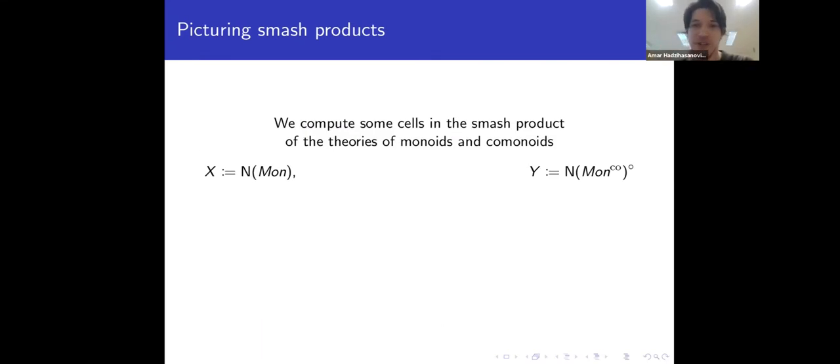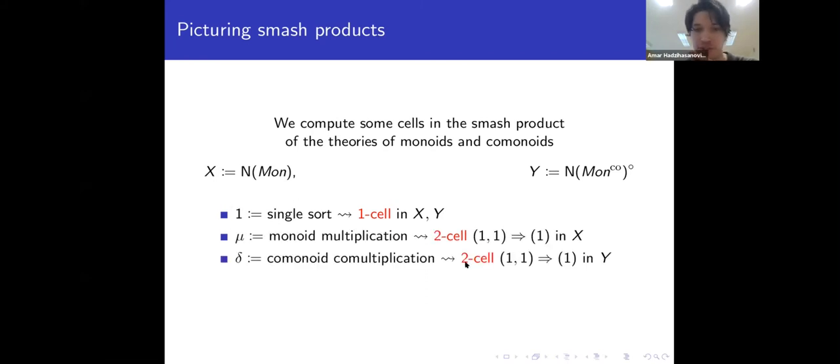So just to come to that bialgebra equation, we can compute some cells in the smash products of the theories of monoids, which is going to give us a presentation of bialgebras. So here we get a one cell in X and Y corresponding to the unique sort of monoids of these theories.